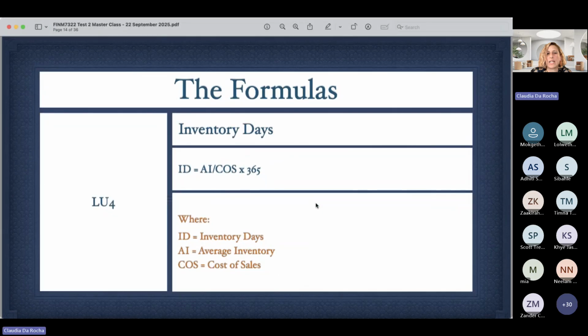Then comes your days and how to calculate them. This also was based on Financial Management 2A concepts that were covered then, maybe just slightly written differently in your textbook for 3B, but same principle. So your inventory days is your average inventory divided by your cost of sales times 365.